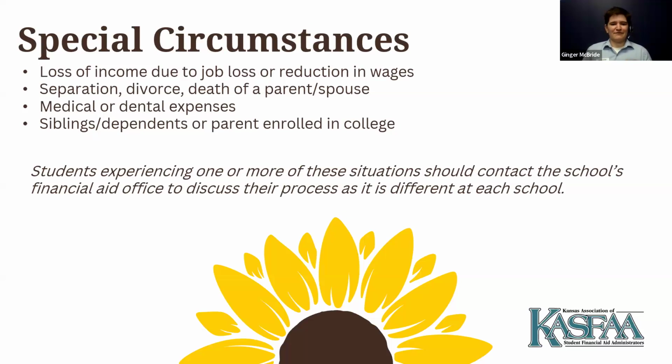However, if the information was correct, because in this case we're looking at 2023 information, but since then there has been a change in circumstances, such as loss of income or reduction in wages, the separation, divorce, or death of a parent or spouse, medical or dental expenses that exceed certain federal thresholds, and siblings or dependents or parents enrolled in college, these are all examples of circumstances that you wouldn't indicate on the FAFSA at first, but you can work with the school's financial aid office in order to discuss the process, as it does vary from school to school.